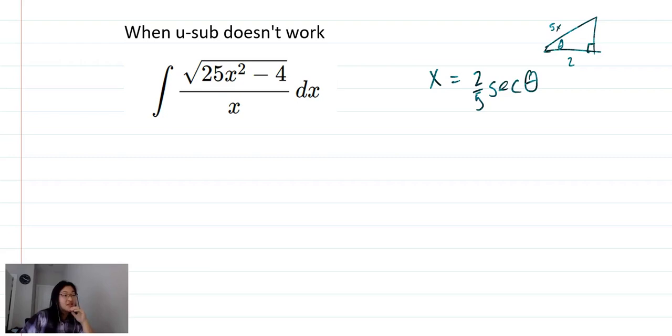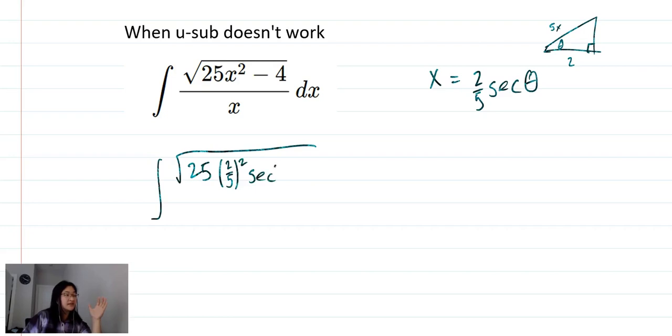So let's try this. If we have x equals 2/5 secant theta, then what can we do with that? If we put that in here, then we get a 25 and then a 2/5 that's being squared and a secant theta that's being squared, and then minus a 4.